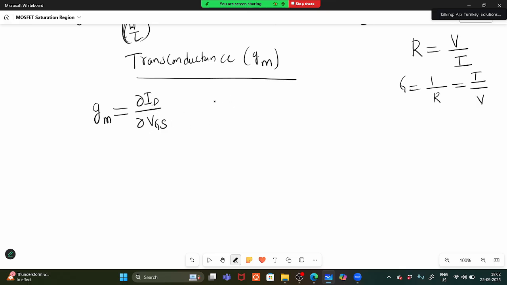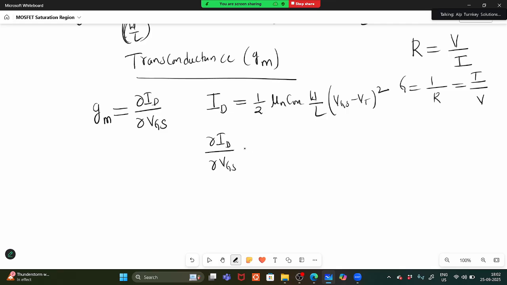Here I am using the current in the saturation region. What is the current in saturation region? 1 by 2 mu n Cox W by L (Vgs minus Vt) whole square. I am differentiating partially with respect to Vgs. Partial differentiation you have already seen in mathematics: for one variable, you consider the other variables as constant.